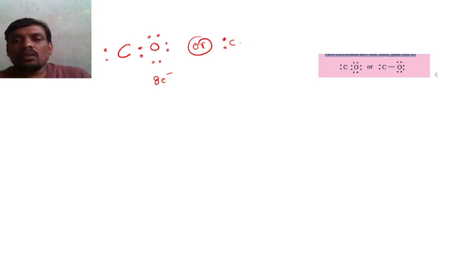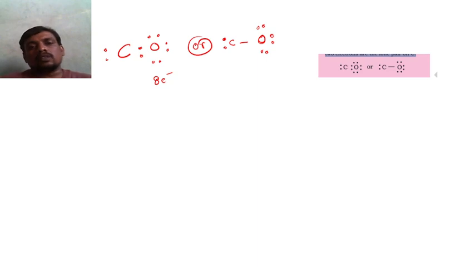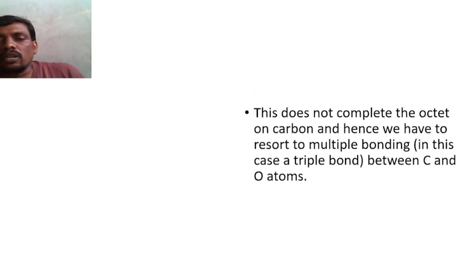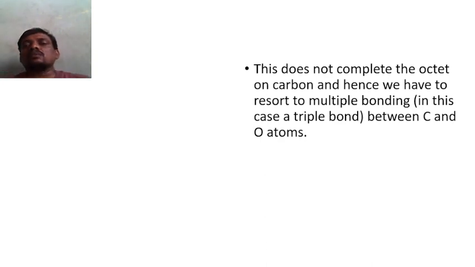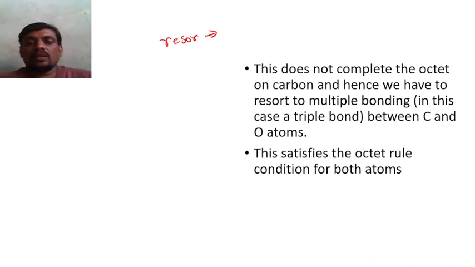Carbon with single bond formation, and oxygen, as you can see here, it will be like this, and a single bond you have to mention like that. This does not complete the octet on carbon. Hence we have to resort to multiple bonding, in this case a triple bond between carbon and oxygen atoms. This is the octet rule condition for both atoms.